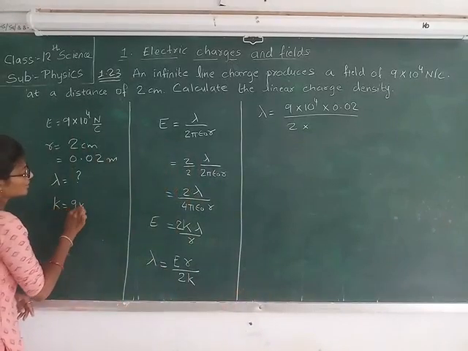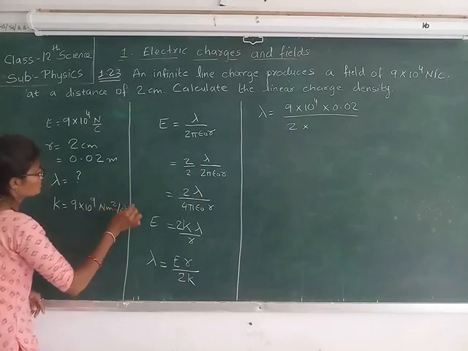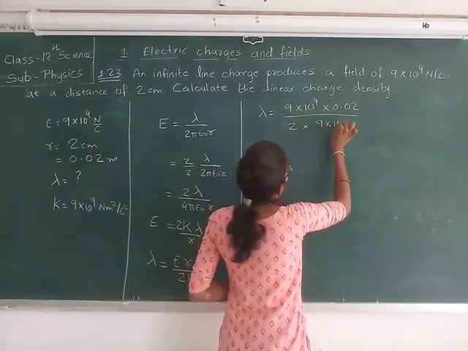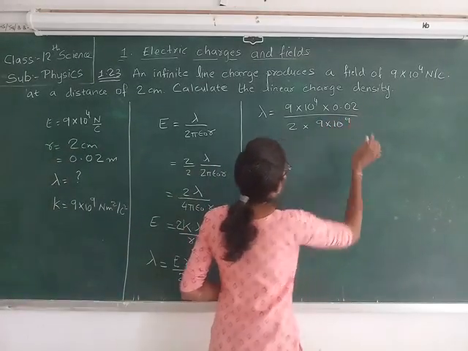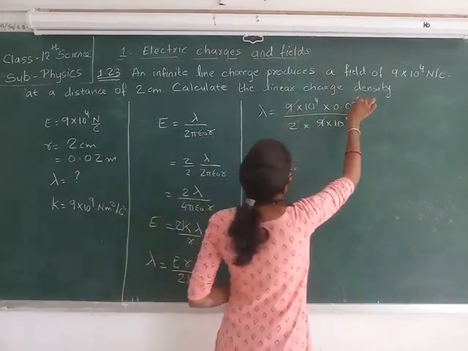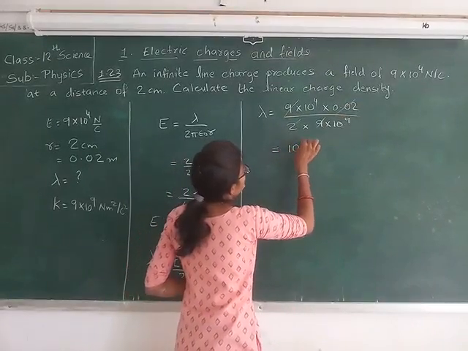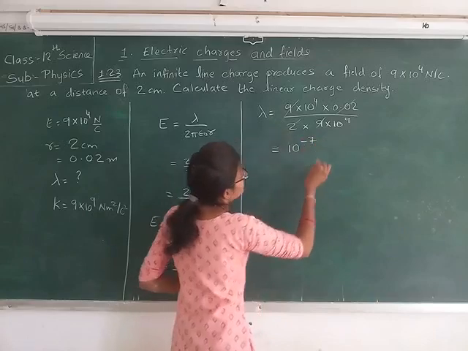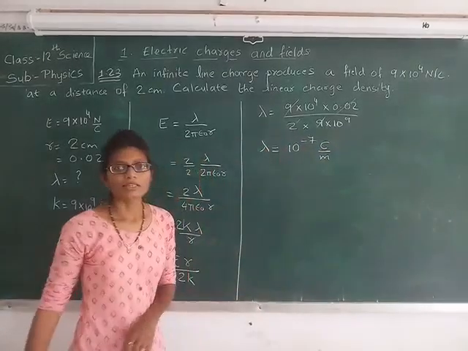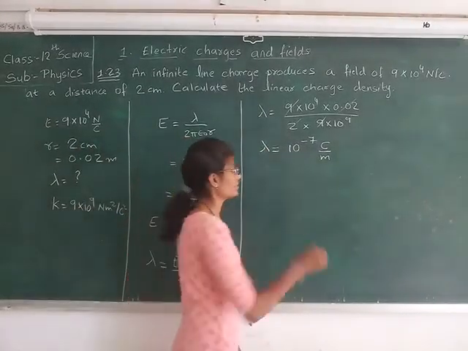Its value is 9 into 10 raised to 9 Newton meter square per Coulomb square. Cancelling out the 2 and 2, the value will be 10 raised to minus 7 Coulomb per meter. So the linear charge density that we get over here is 10 raised to minus 7 Coulomb per meter.